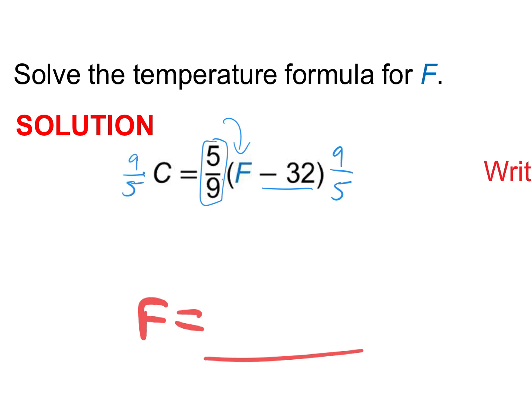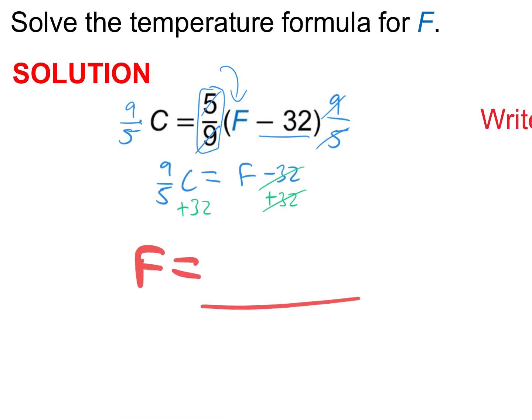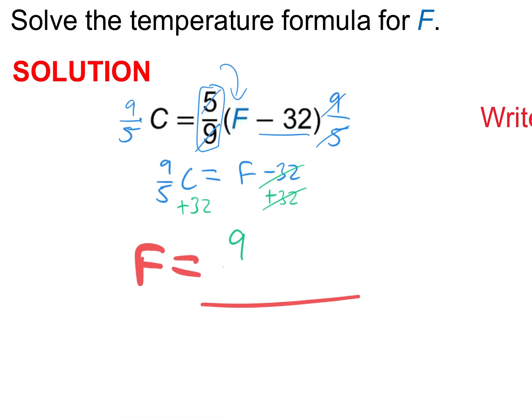Then 9 and 9 cancel out, 5 and 5 cancel out, and the only thing that you're left with is F minus 32 equals 9 over 5 C. Now the last thing we want to do is add this 32, the only other operation being done to the F. So we get plus 32, because minus 32 plus 32 goes away. Then we get F equals 9 over 5 C plus 32.